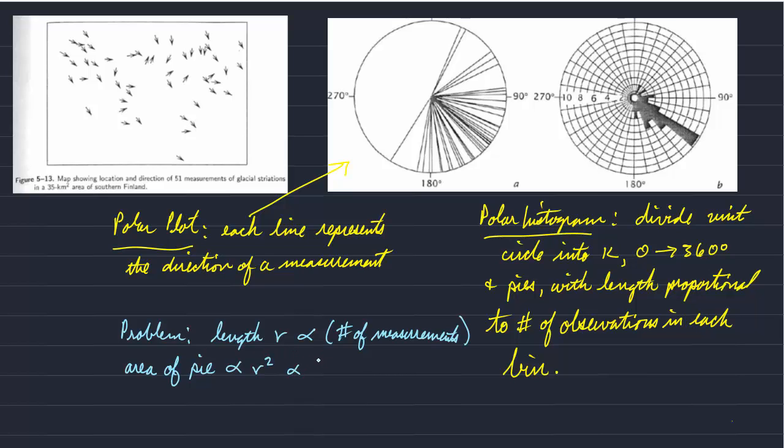And so the area becomes proportional to the number of measurements squared.